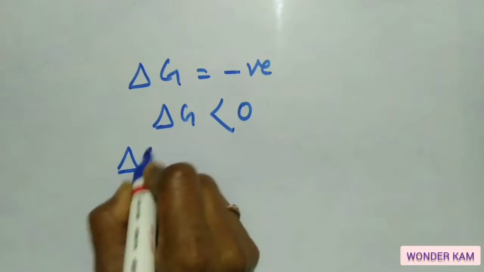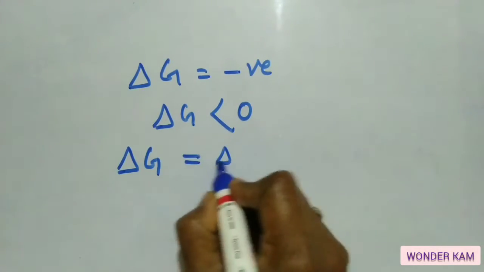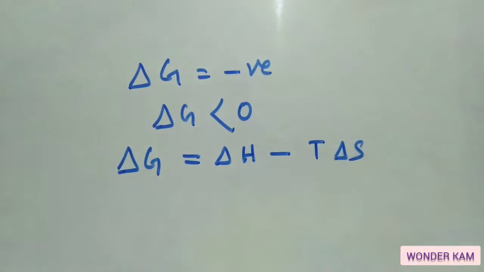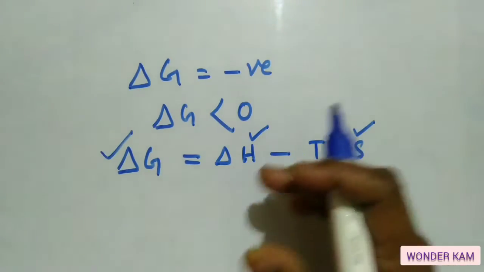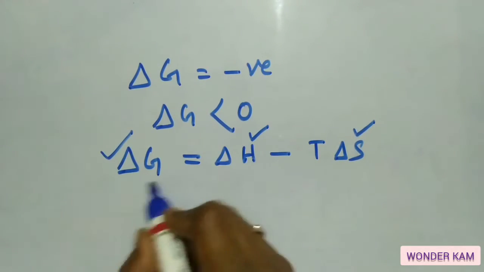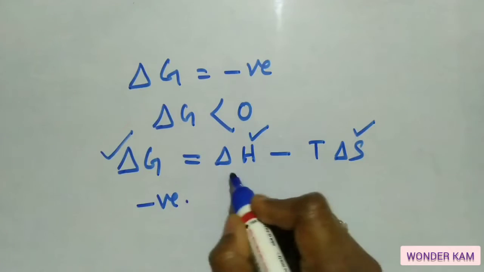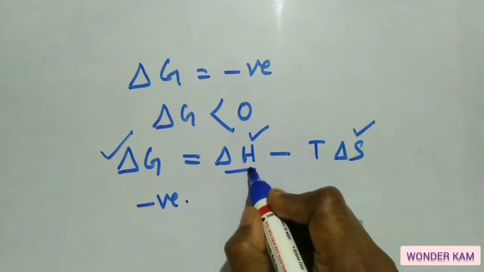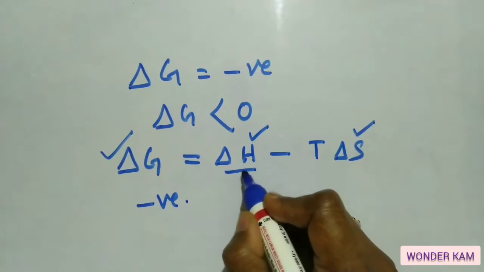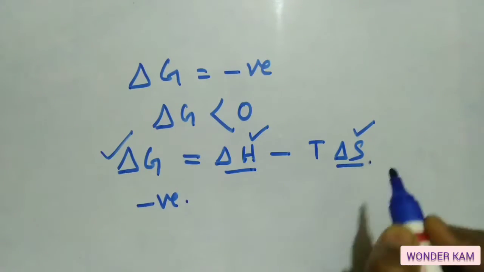So we know from the Gibbs-Helmholtz equation that delta G depends on the change in enthalpy as well as change in entropy. So there are certain conditions under which delta G becomes negative, and that depends on the conditions of enthalpy as well as entropy. So before going for delta G, we should know about delta H and delta S first.